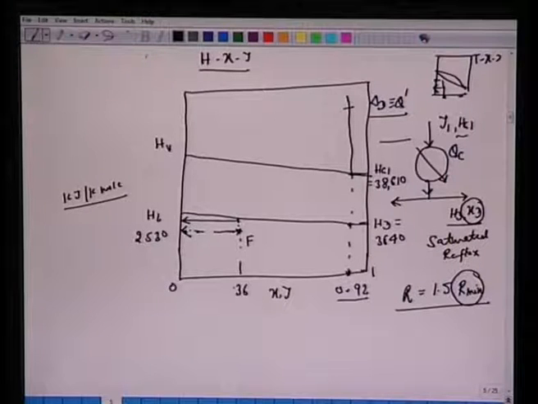But in this case we do not know the reflux ratio. Reflux ratio is 1.5 times R min. If we know the reflux ratio, then we can mark this segment based on this difference between HG1 and HD. Alright, this HD is the same as HL0 because the enthalpy here is the same as HD. Okay, so in this case the first thing is that we have to calculate this minimum reflux ratio R min.